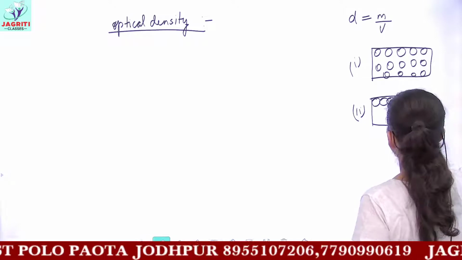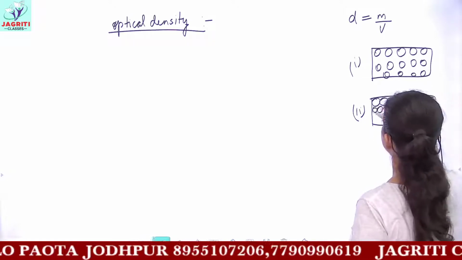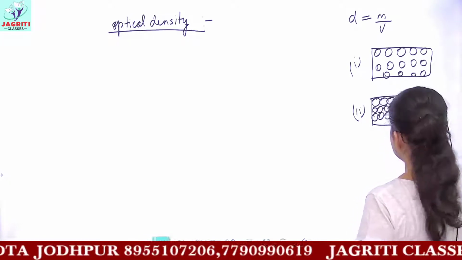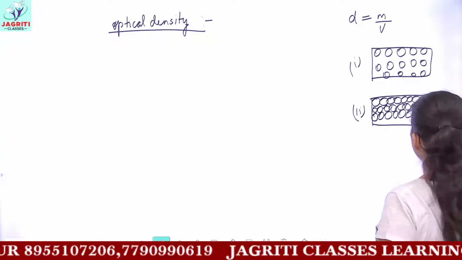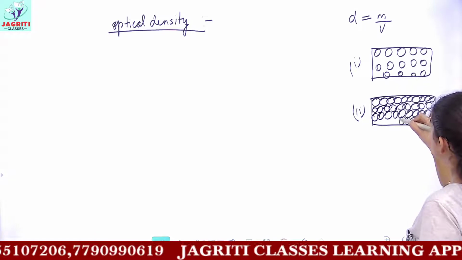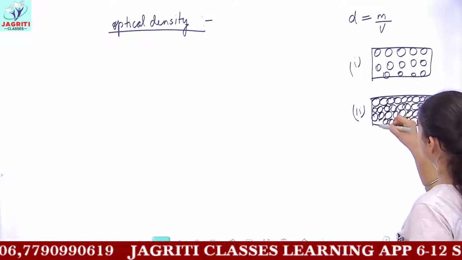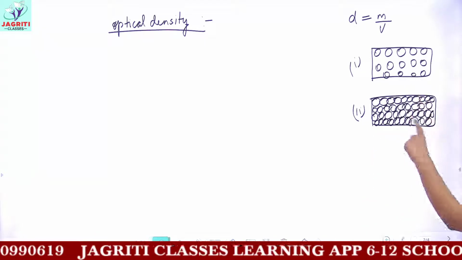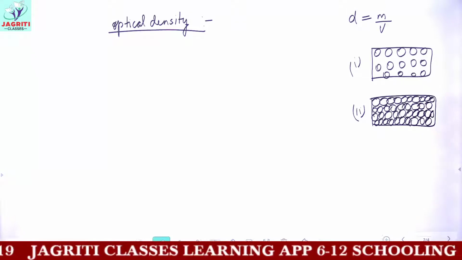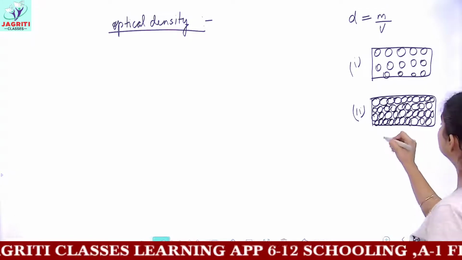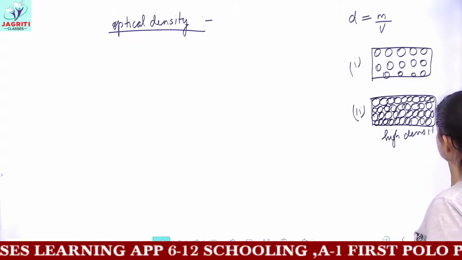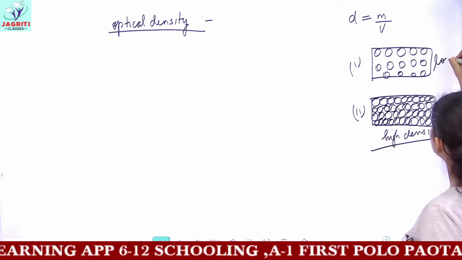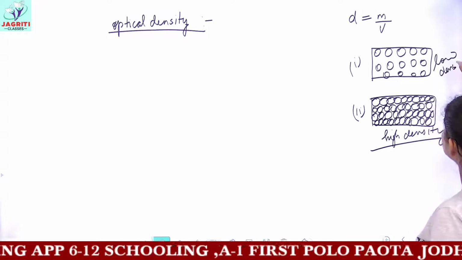You have less space or no space between the particles in case second compared to case first. So considering the general density, which among case 1 and case 2 has high density? We can say that case second is having high density, and compared to this, case 1 is having low density.